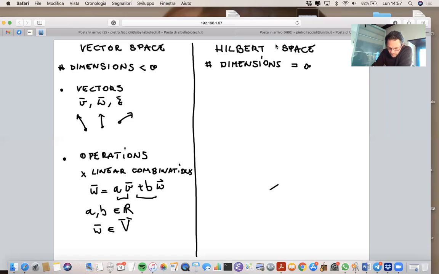So if all these belong to a vector space V, then the linear combination also belongs to the same vector space.